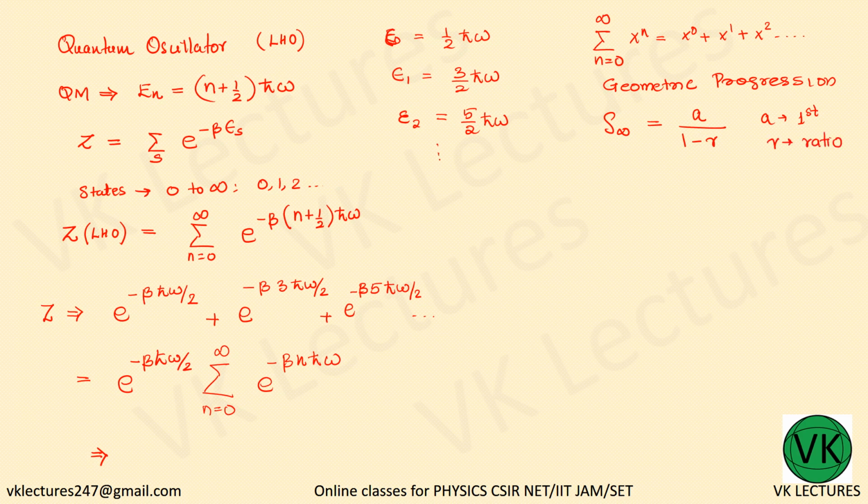Looking into this idea, we can write Z equal to e to the power minus beta h cross omega by 2, and the second term is the sum of infinite terms.